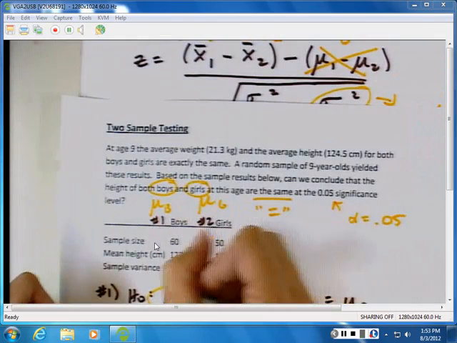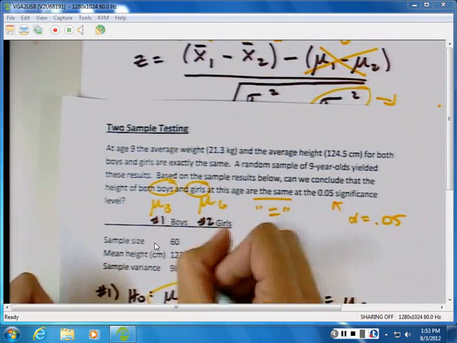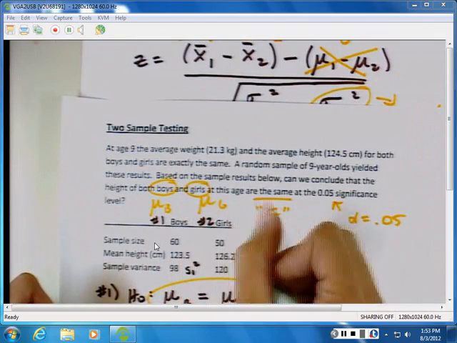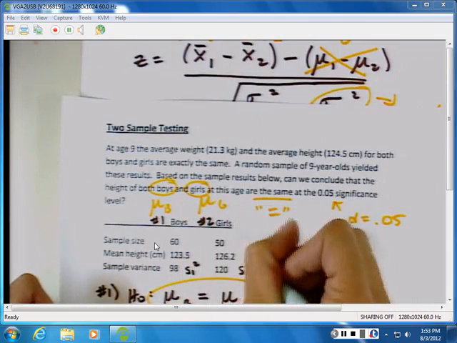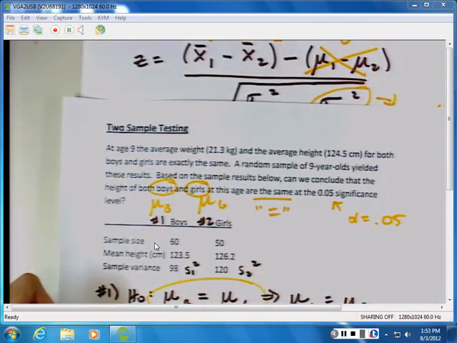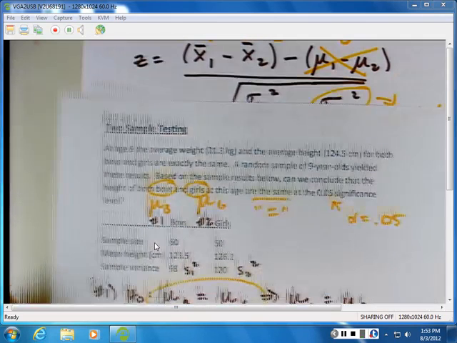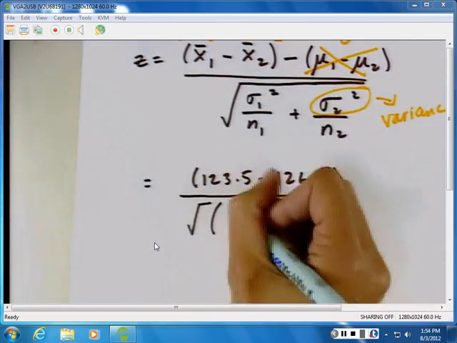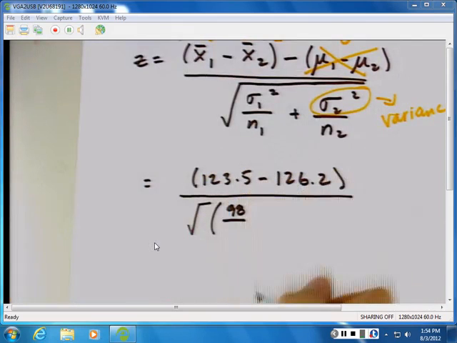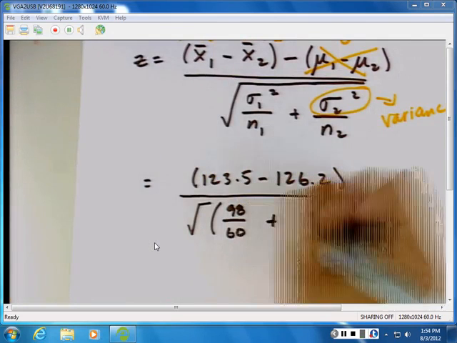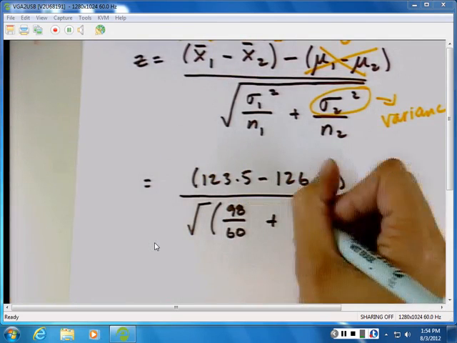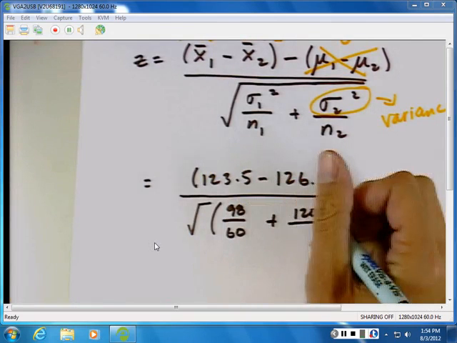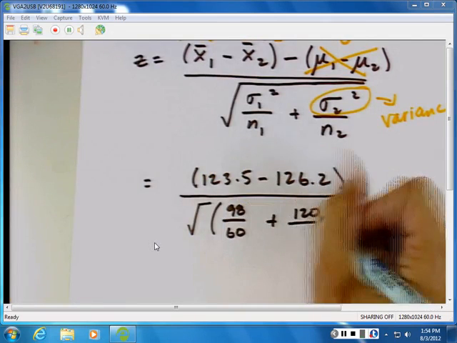It's the sample variance, so it's actually S1 squared, but they have sigma, and we'll use that for sigma, and S2 squared. So I'm going to use 98. I'm not squaring it because the variance is already squared. So 98 divided by n1, where was that sample size? 60, plus the second variance, which was 120, divided by, that one was 50.